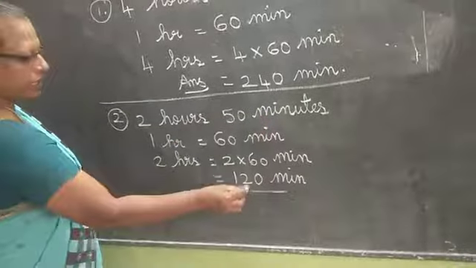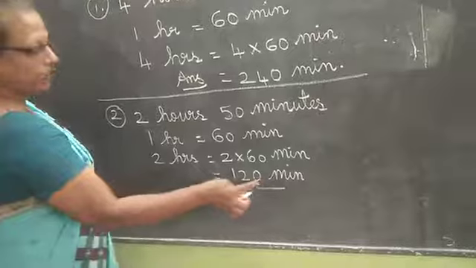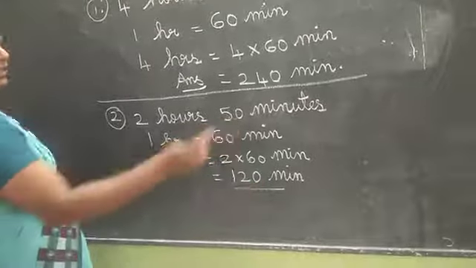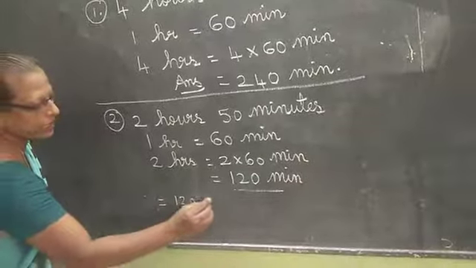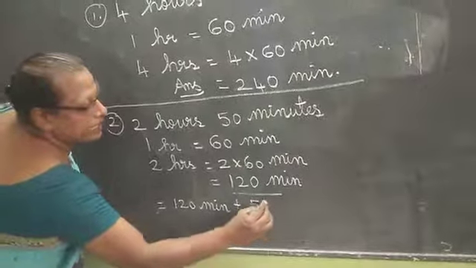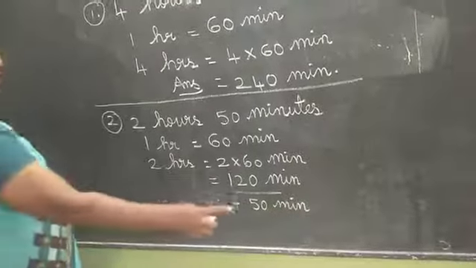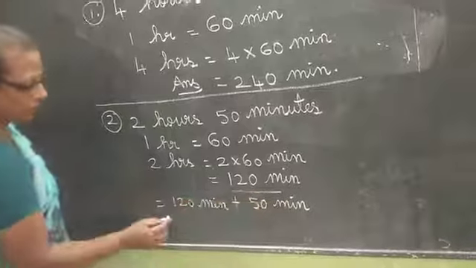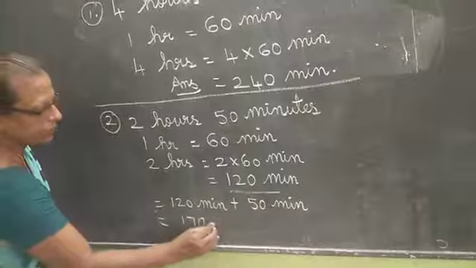Understood, children? For 2 hours we converted to 120 minutes. With this 120 minutes, you have to add this 50 minutes. So 120 minutes plus 50 minutes means 170 minutes.